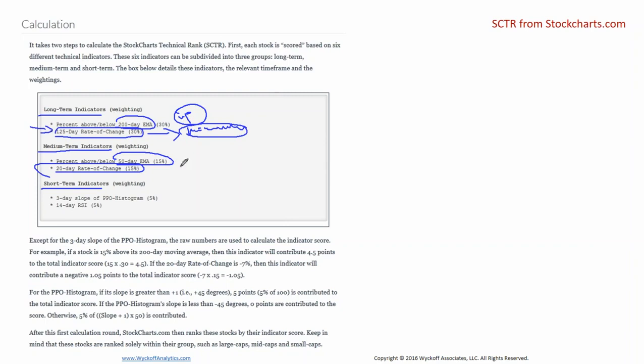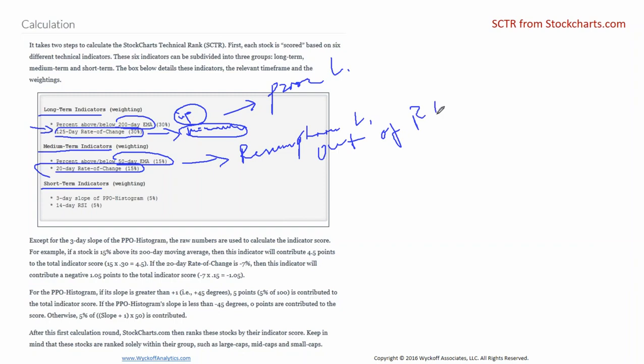So we want to come in and establish a prior leadership, and then establish a resumption of this leadership out of reaccumulation. And then more on the short-term basis, this is all about points of entry. This is identifying that entry bar.